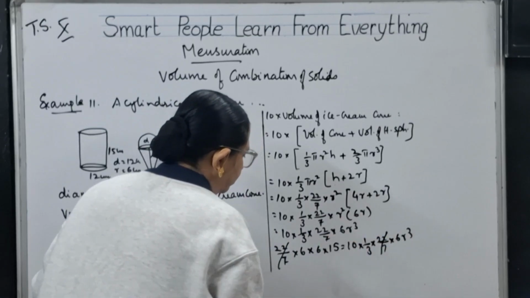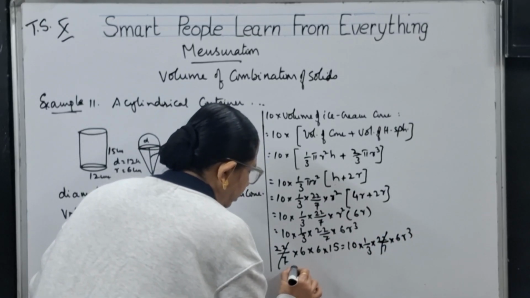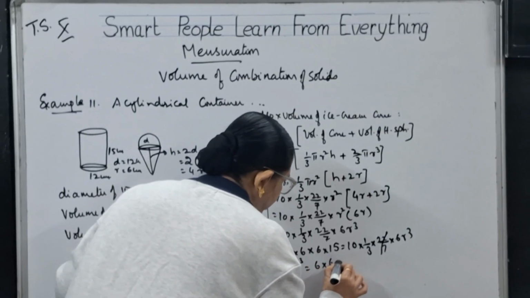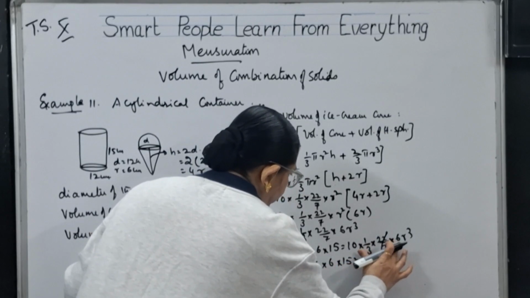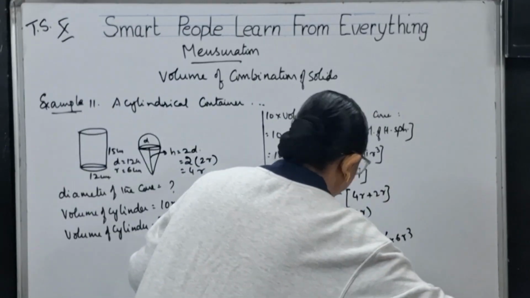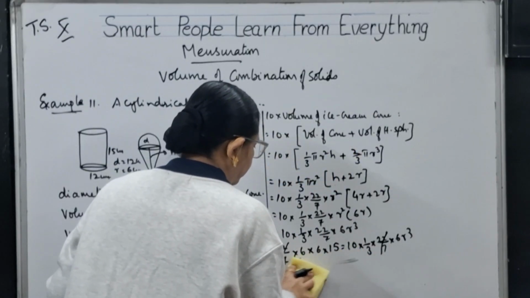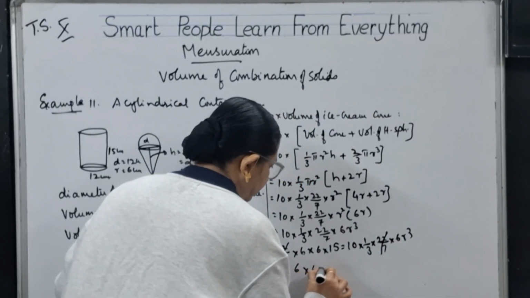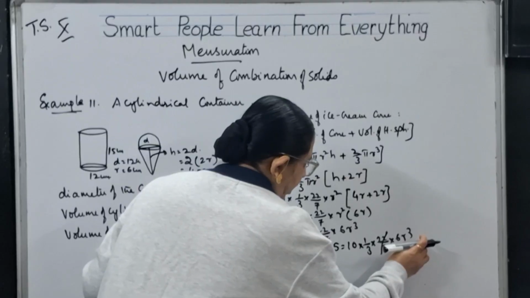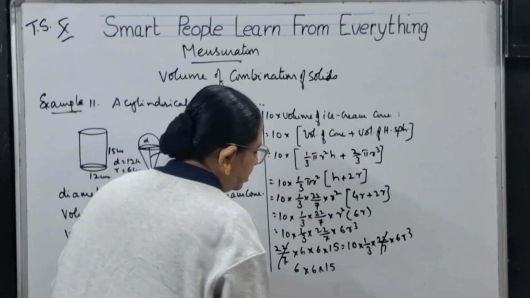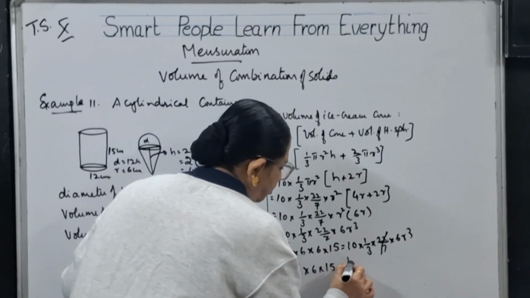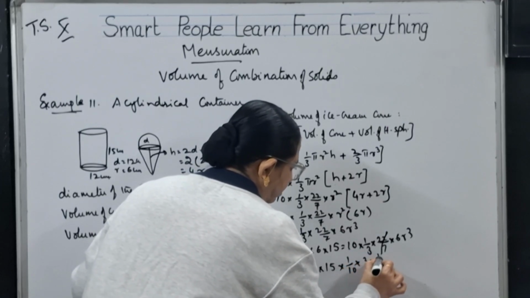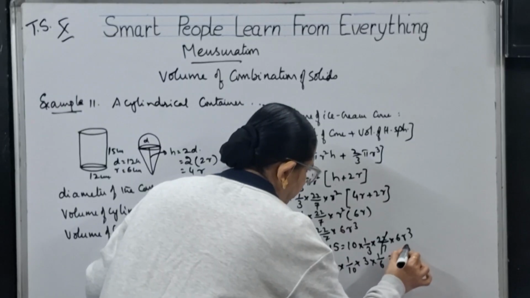So r cube is equal to 6 into 6 into 15 into the reciprocals. I am leaving only r cube here and bringing the remaining to the left side: 10 becomes 1 by 10, 1 by 3 becomes 3, 6 becomes 1 by 6, equal to r cube.